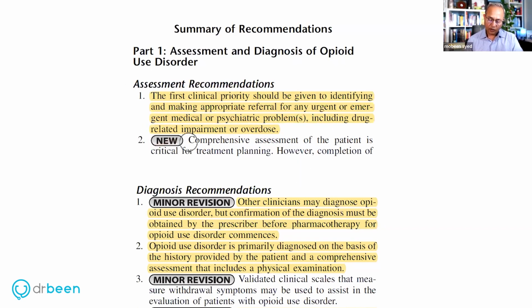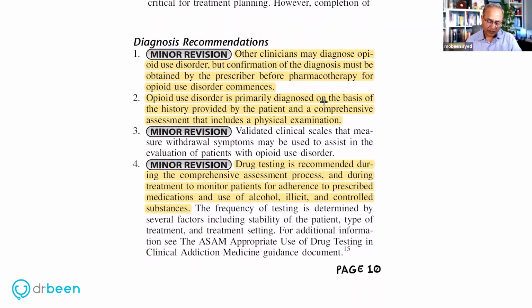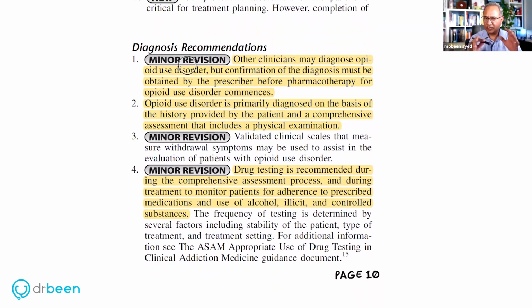In here, comprehensive assessment of the patient is critical for treatment planning. Then they talk about diagnosis recommendations, and the related book, the 2020 book, has minor and major changes to the previous recommendation that they show like this. For example, in the diagnosis recommendation, there is a minor revision.